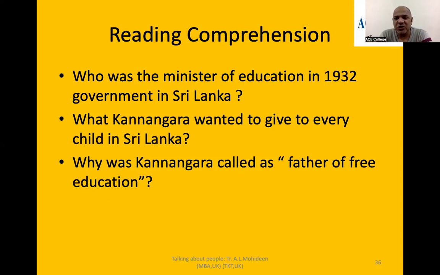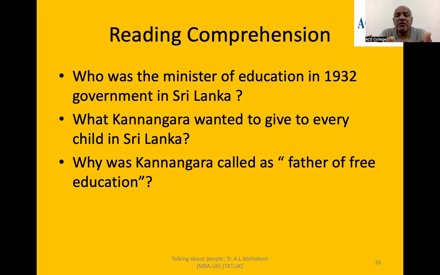Actually, Kannangara wanted to provide free education to every child in Sri Lanka because at the time, the British government didn't allow people to study free, right? People had to pay and study.